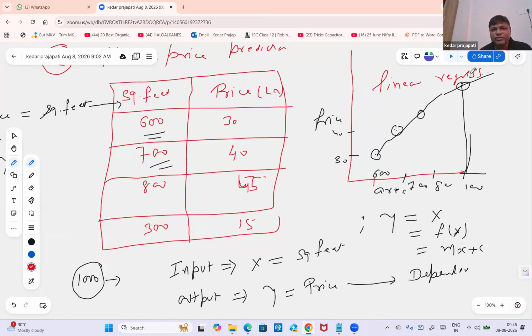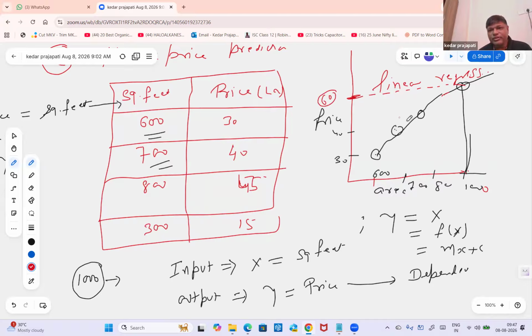So suppose this is like 60 lakhs. It will say that for 1,000 square feet, the value is coming 60.